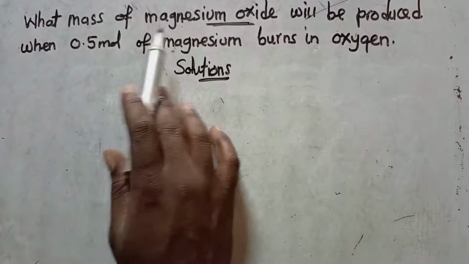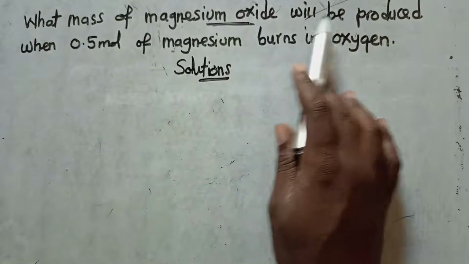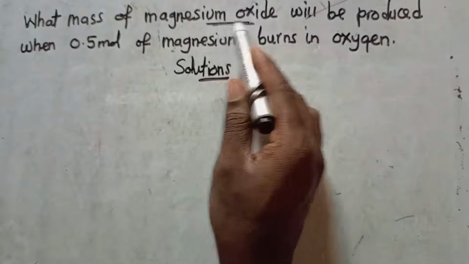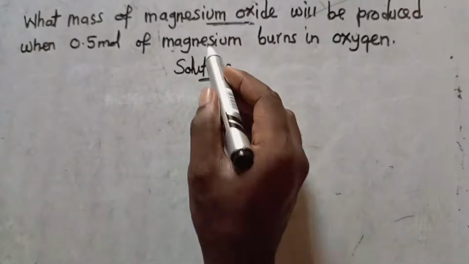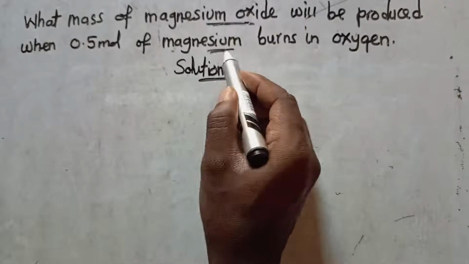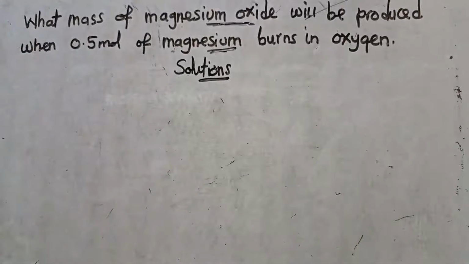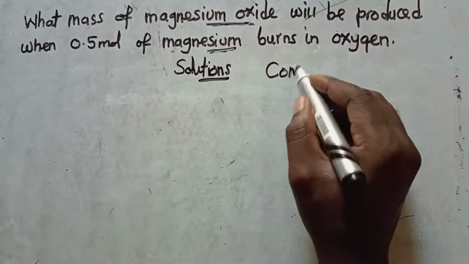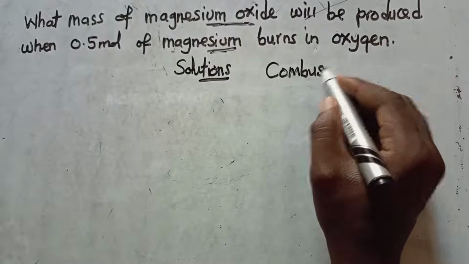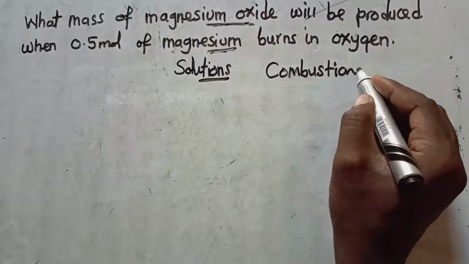So what mass of magnesium oxide will be produced? We want to find the mass of magnesium oxide. We know that when a substance burns in oxygen, that type of equation is called a combustion reaction. I want you to get this.